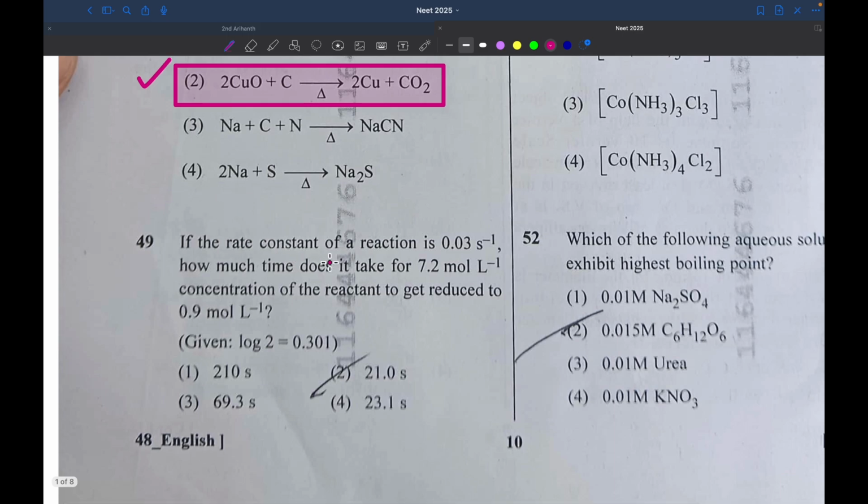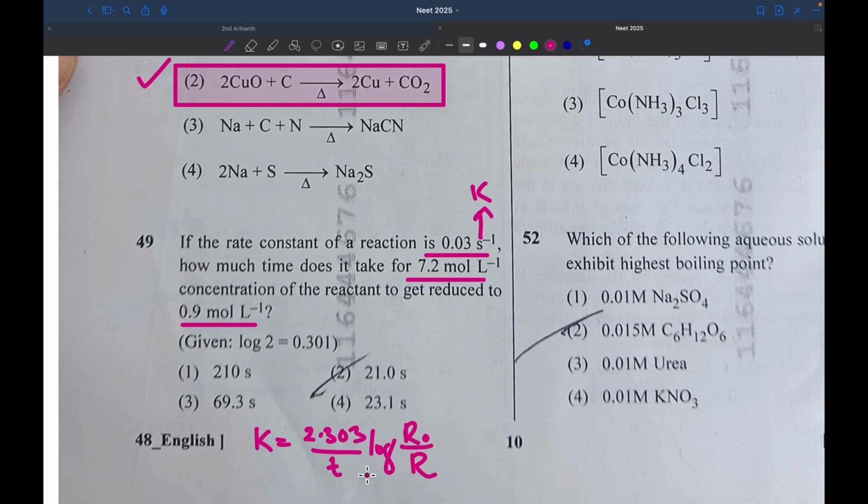Right. So next one, the rate constant of the reaction is 0.03 per second. How much time does it take for 7.2 millimoles per liter to get reduced to 0.9 moles per liter? He has given the units of K, so that means it's a first order reaction. So k equals 2.303 by t into log R0 by R is the formula.